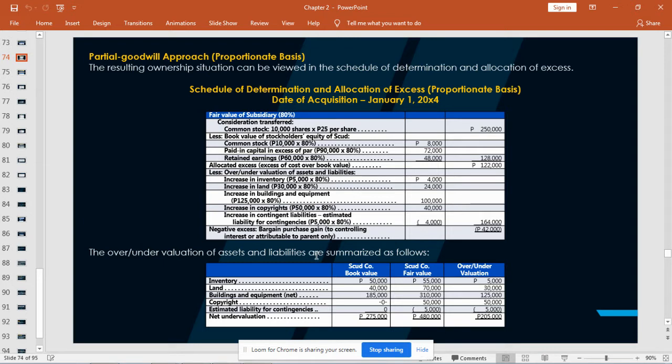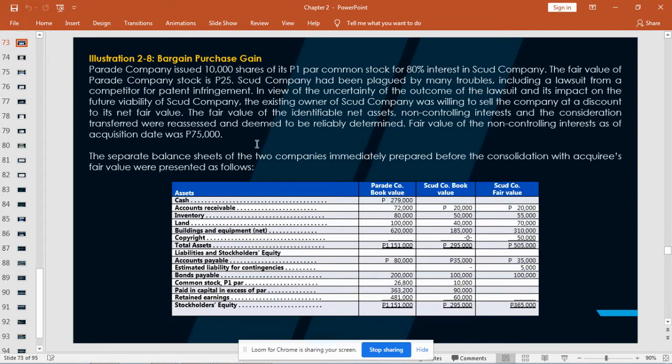Then the book value of our subsidiary's shareholders equity would be 128,000. Kung titignan natin, yun yung kanyang common stocks, then the paid in capital in excess of par and the earnings of 60,000.